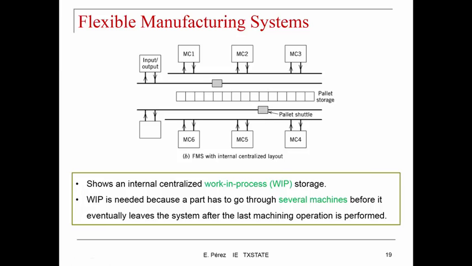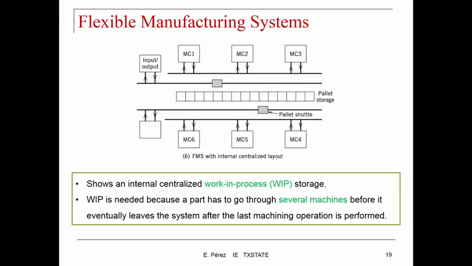Those dark boxes are the ones that are getting the products from the cells, and then they're putting them in the middle of the manufacturing system in this pallet storage until you move them to the final destination or to the final warehouse.